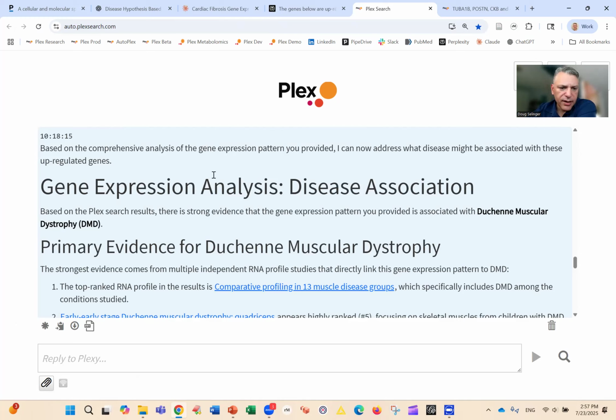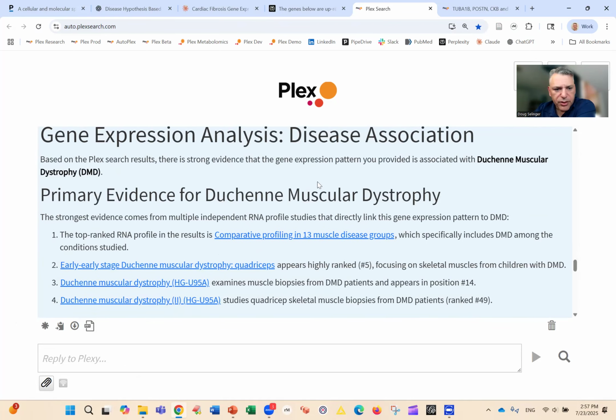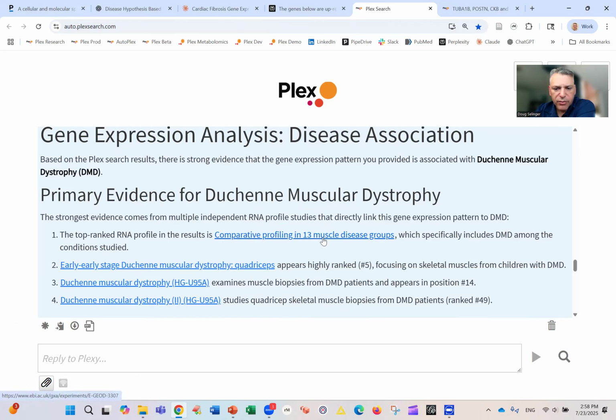And you can see that here. As it lays out the evidence, if we scroll down a little bit here, we see DMD. So the primary evidence for DMD is that there are multiple RNA profiles that we're able to identify that have a very similar profile to the input gene list. For example, in the Plex search, the top ranked RNA profiles contain, for example, this comparative profile of 13 muscle groups, which includes DMD as part of it.